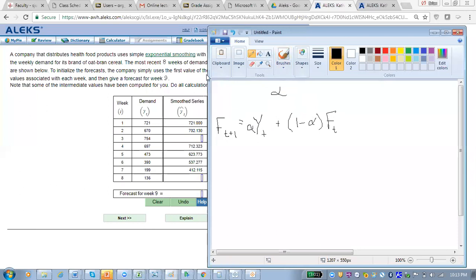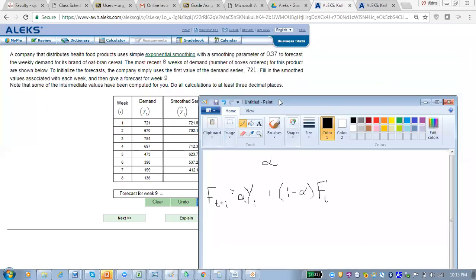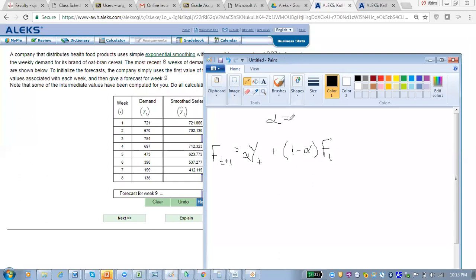They told us that alpha, the weight they're using, is 0.37. So we can check the math really fast. They used some previous forecasts and combined them to get this time period.